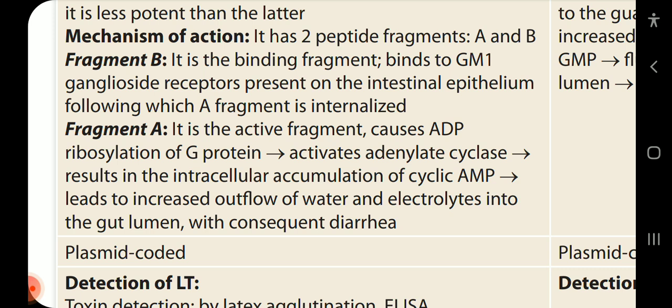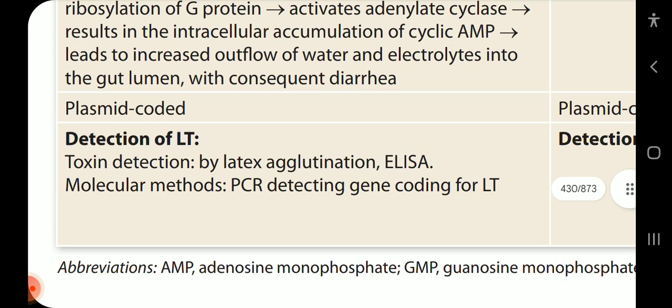Fragment A is the active fragment, causes ADP ribosylation of G protein, activates adenylate cyclase, and results in the intracellular accumulation of cyclic AMP, leading to increased outflow of water and electrolytes into the gut lumen with consequent diarrhea. It is plasmid coded. For detection of LT, toxin detection is by latex agglutination or ELISA, and molecular methods are PCR detecting the gene coding for LT.